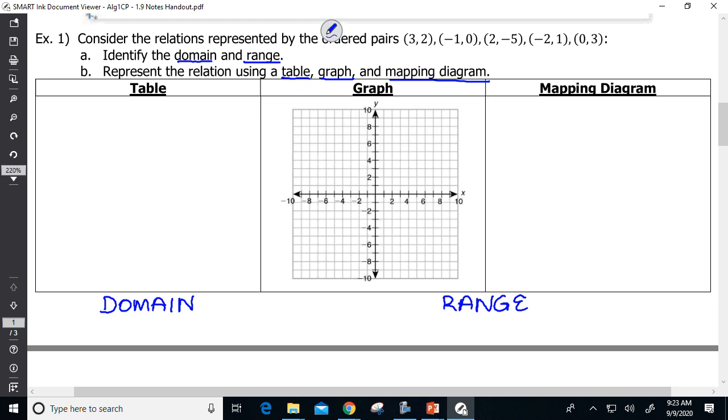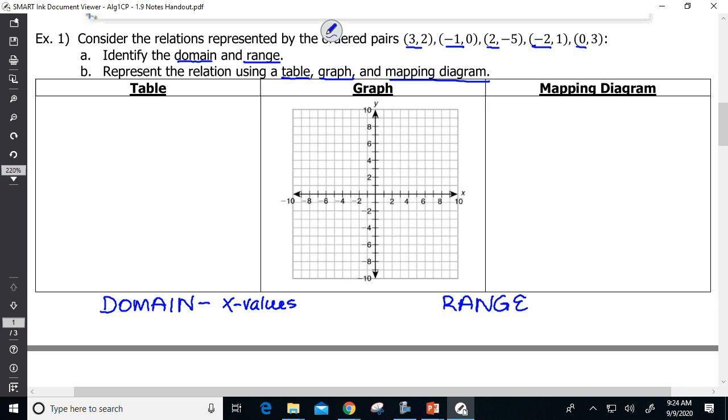So the first thing we're going to do is identify the domain and identify the range. The domain is your x values. So that's 3, -1, 2, -2, and 0. Of course we need to put them in numerical order.